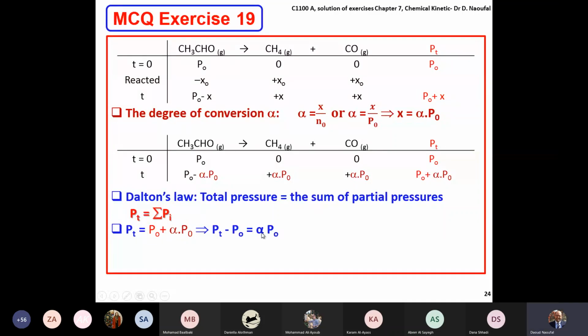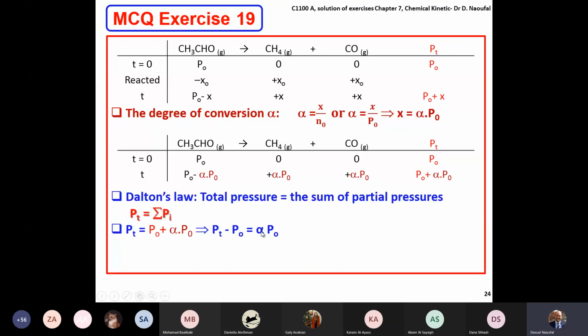Why do I need to know alpha P0? In order to have the pressures according only to P0 and P total, since alpha is not given in this exercise. So P total minus P0 equals alpha P0.